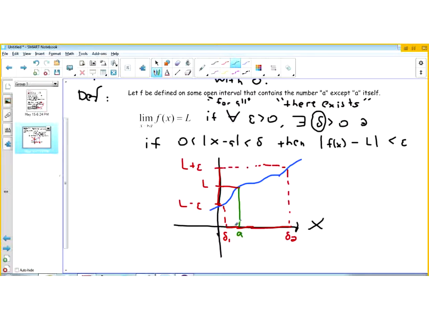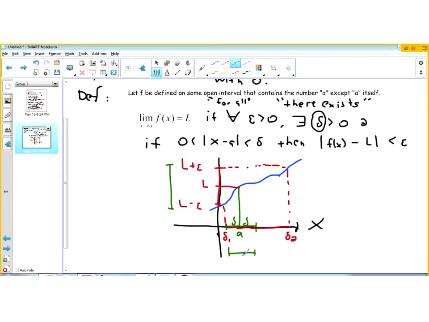If I make my choice for delta the smaller of the two deltas, then if I choose any value of x on this symmetric interval, where a is in this interval, and I evaluate the function at any choice of x on this interval, my output had better be somewhere between these two numbers.